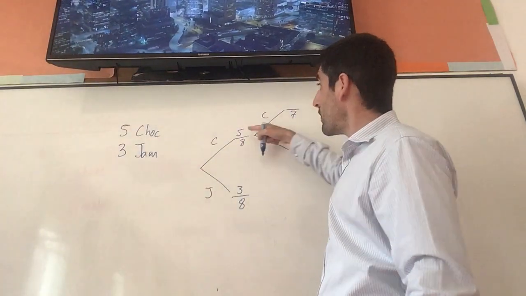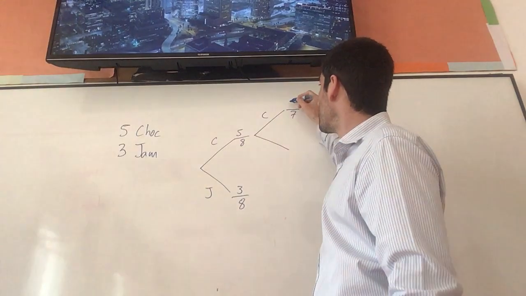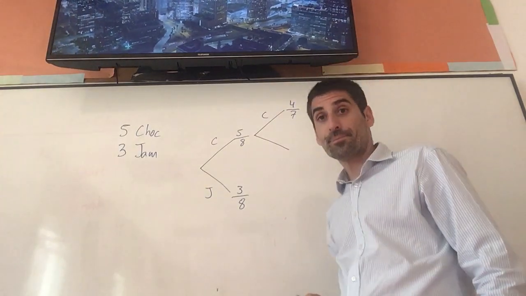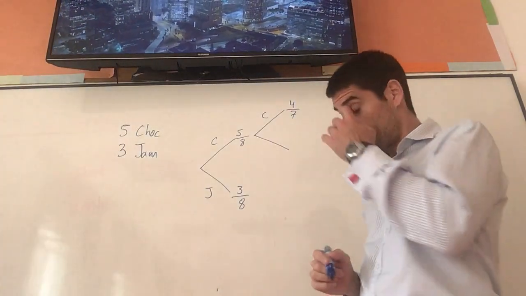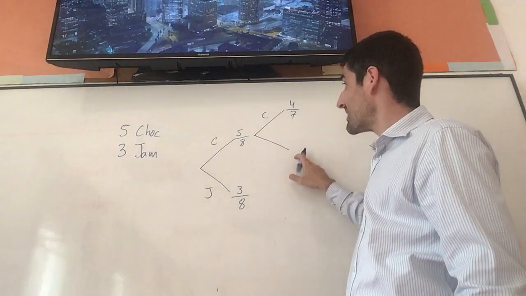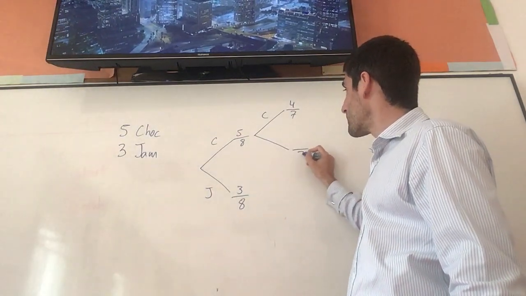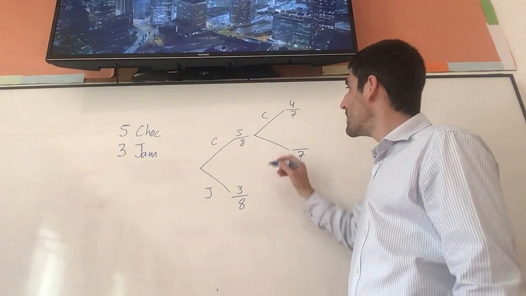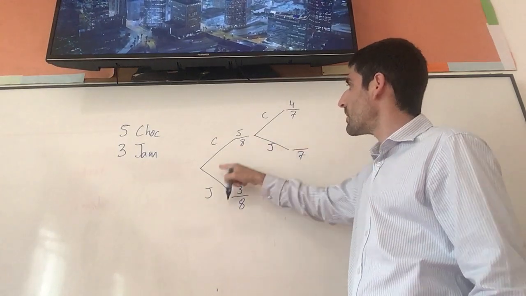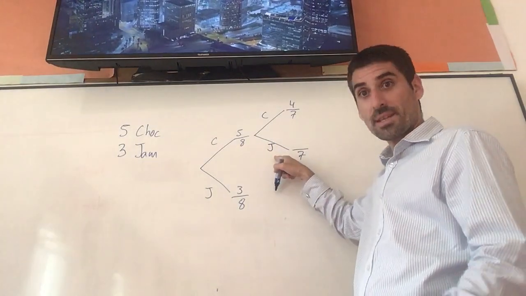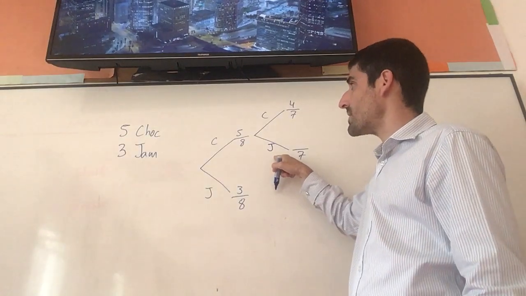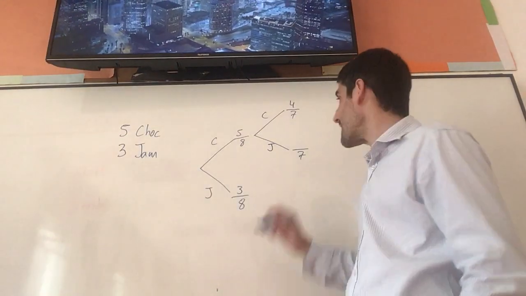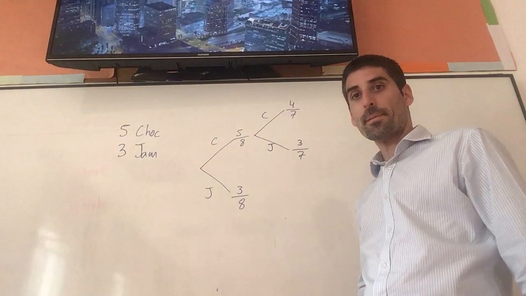But now, I don't have 5 chocolate donuts left. I've got 4. So it'd be 4 out of 7. And the second donut, well, it is going to be out of 7. So the first one was chocolate. What's the probability of the second donut being jam? Well, I've still got the 3 jam donuts left, so it's going to be 3 out of 7.